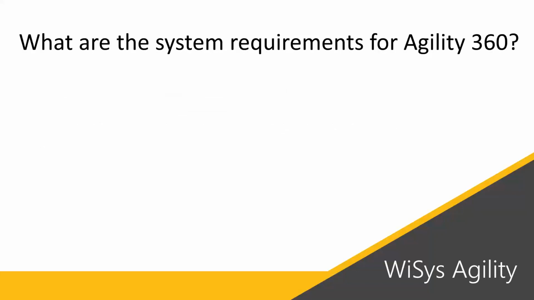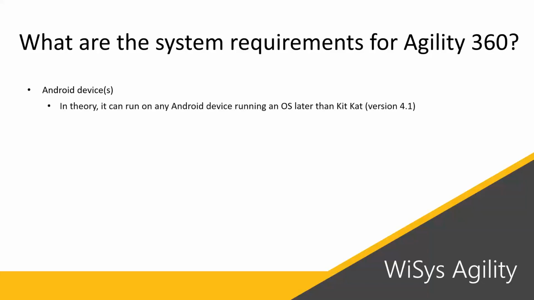So now let's talk a little bit about what sort of system requirements you will need to make Agility 360 work. As I mentioned, you need an Android device. In theory, it can run on any Android device as long as the OS is later than KitKat, which I believe is version 4.1.